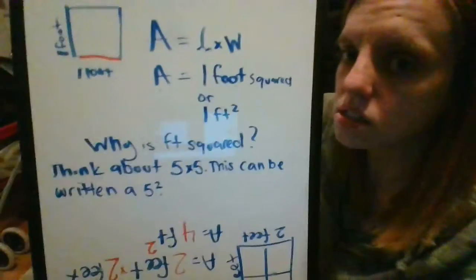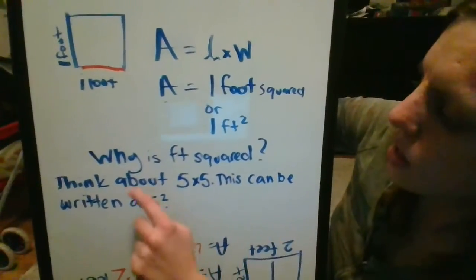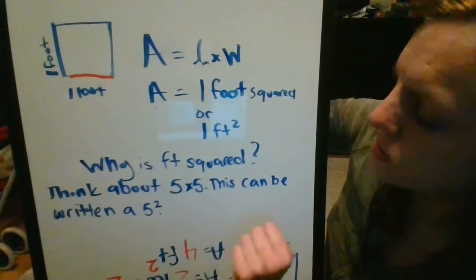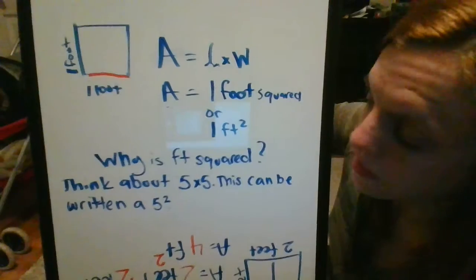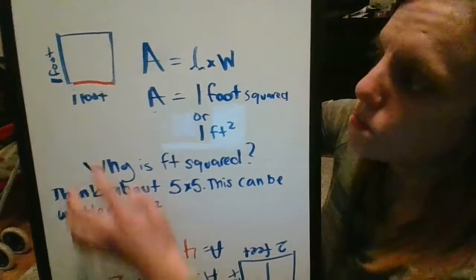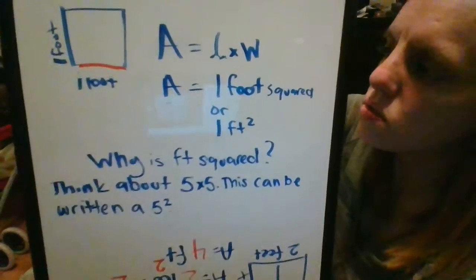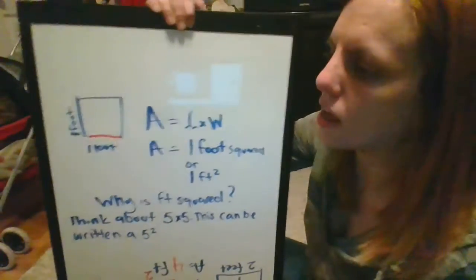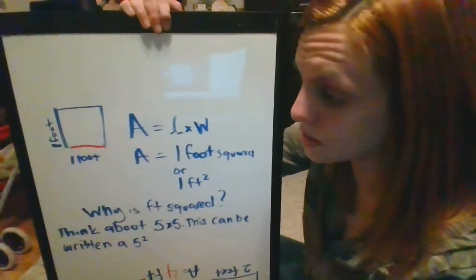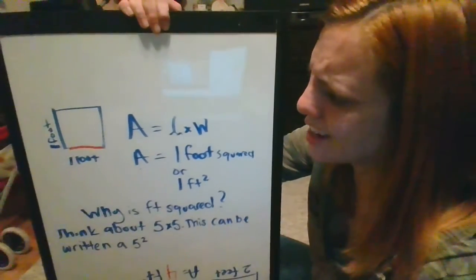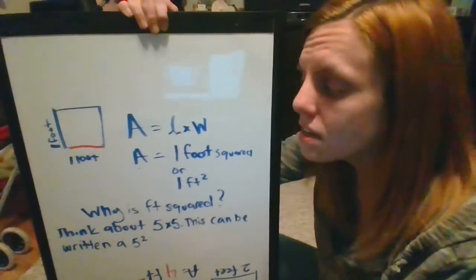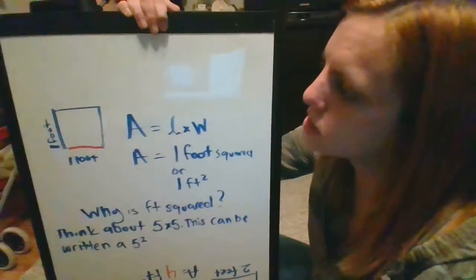So think of it as when you have 5 times 5, it can be written as 5 squared, and also could be 25. That's your total. But foot and foot, you can't say that there is foot times foot, that's feet squared. You can't have an actual number to represent it, so we just label it as feet squared.